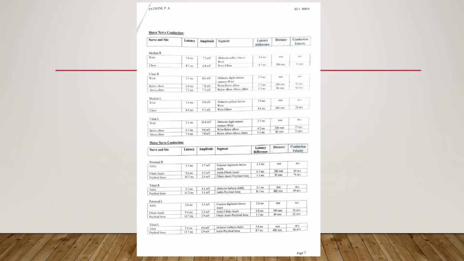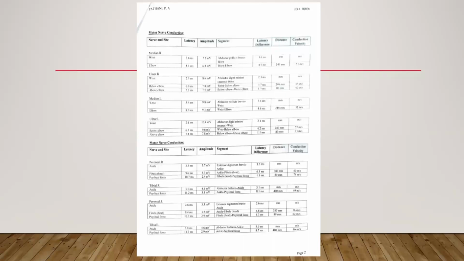Then right ulnar, wrist latency 2.3 is normal. Amplitude and velocity also normal. Above and below elbow, amplitude, latencies and velocity are normal. Left ulnar also looks normal.